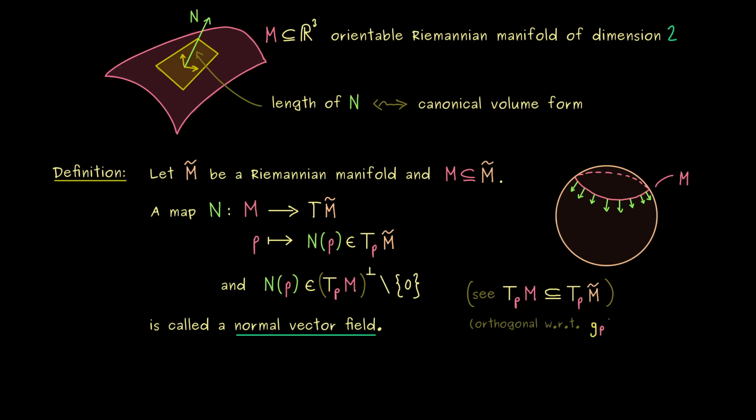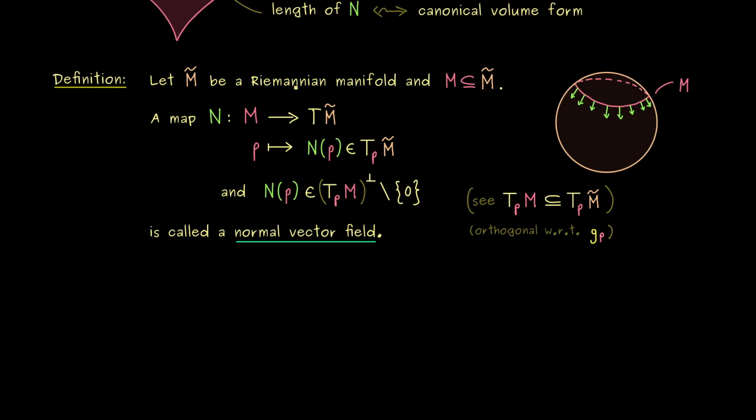In other words, we have a well-defined inner product on both vector spaces. Of course, everything here is much simpler if M tilde is just Rn with the standard inner product. Because then we also have the simpler tangent space for submanifolds. Therefore, I would say, first think of the case of submanifolds in Rn.